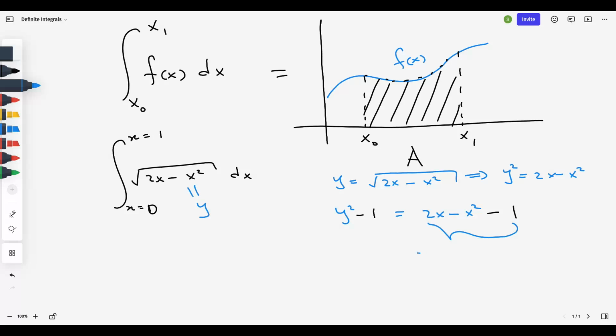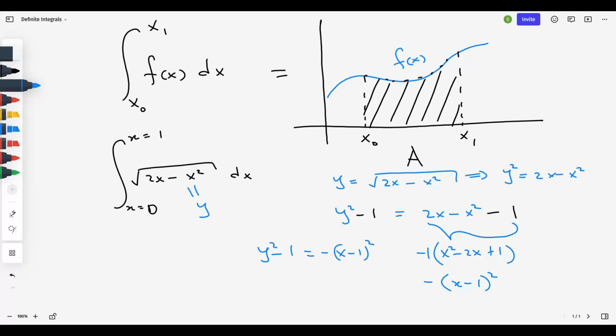One thing I'll do to make it more obvious is to factor out minus 1. So minus x squared becomes x squared, 2x becomes minus 2x, and minus 1 becomes 1, right? Now you can see that this is a perfect square. So I have minus outside, and this is x minus 1 squared.